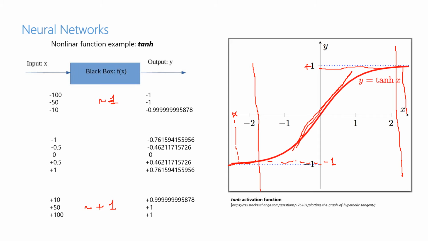In the middle, for example, for 0 we get 0, for -0.5 we get something in that range, for -1 we get -0.7, and we get symmetrical values on the other side.